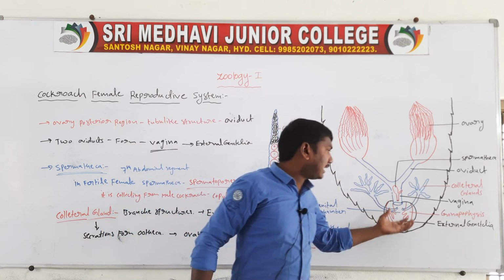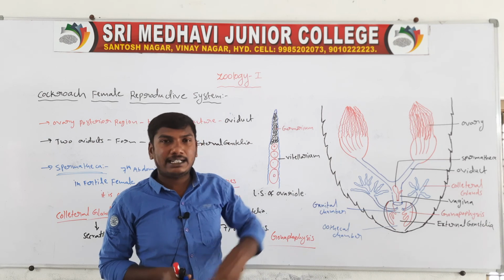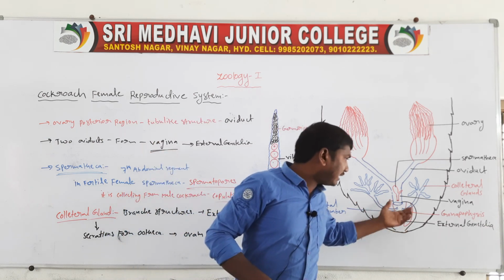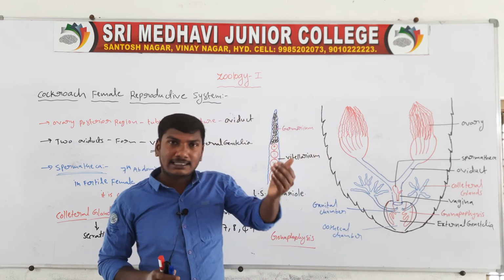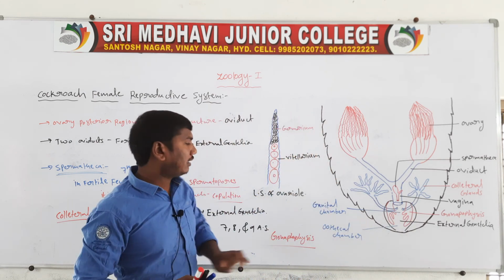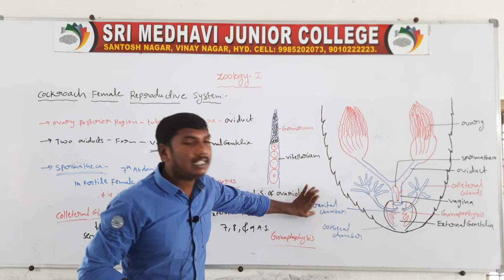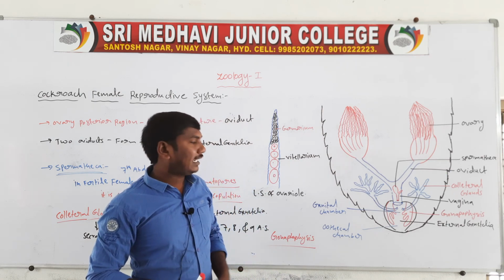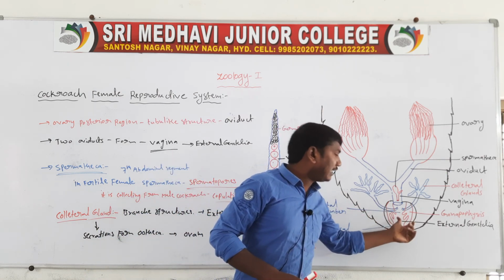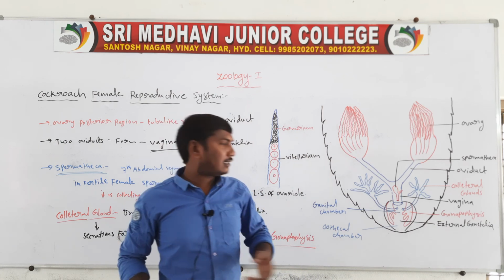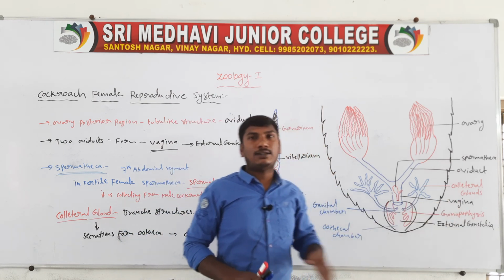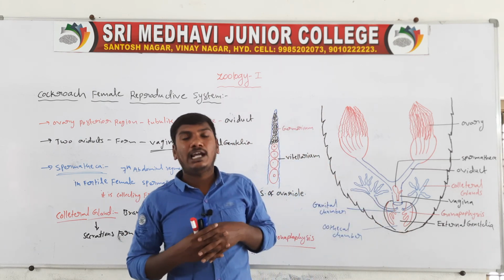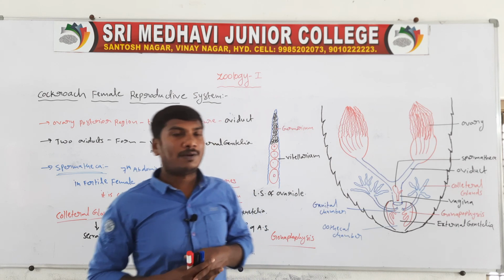Next, the external genitalia, present on the 7th, 8th and 9th abdominal segments. They contain two chambers: the anterior chamber is called the genital chamber and the posterior chamber is called the oothecal chamber. They contain three chitinous plate-like structures called gonapophyses, which help in copulation.